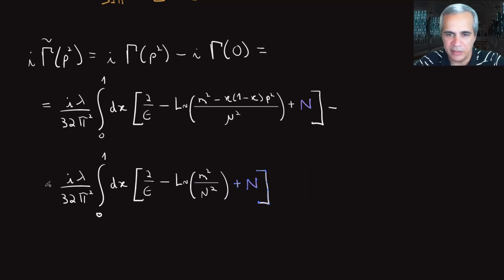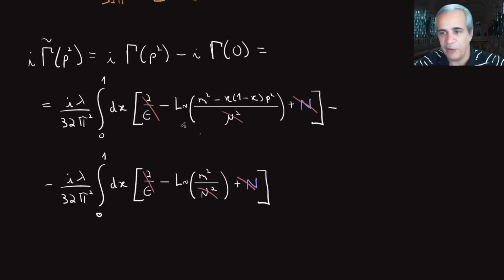There's a minus sign between these two pieces, so you see a lot goes away. The 2 over epsilon goes away, the log of mu squared goes away, these numbers go away.